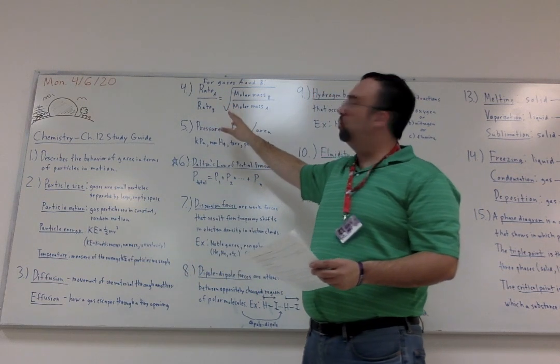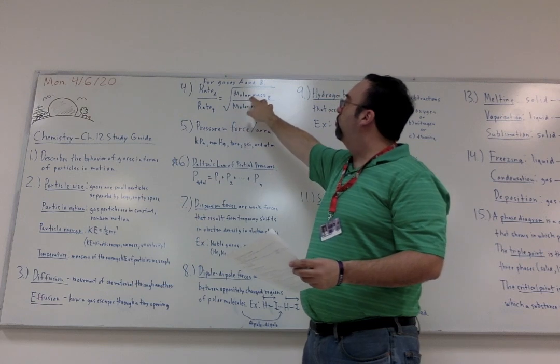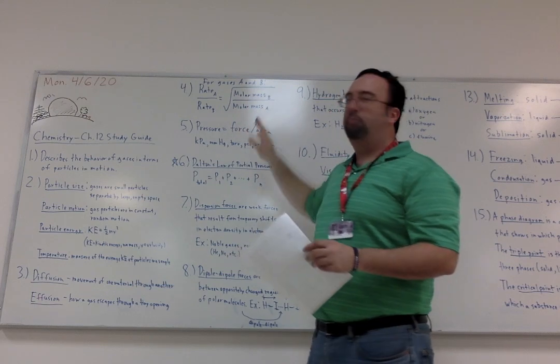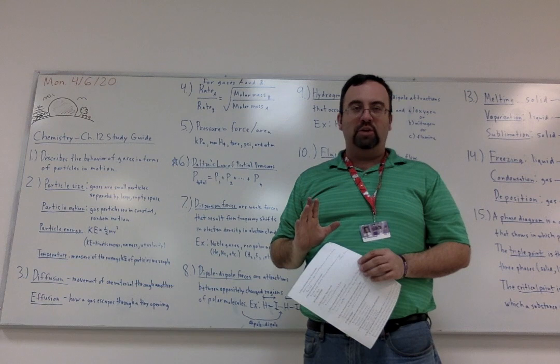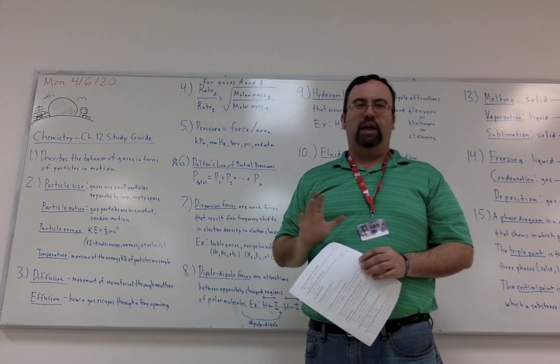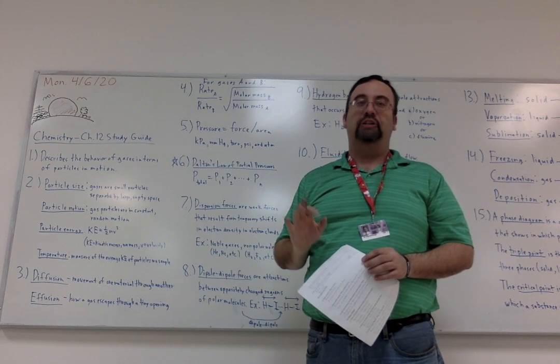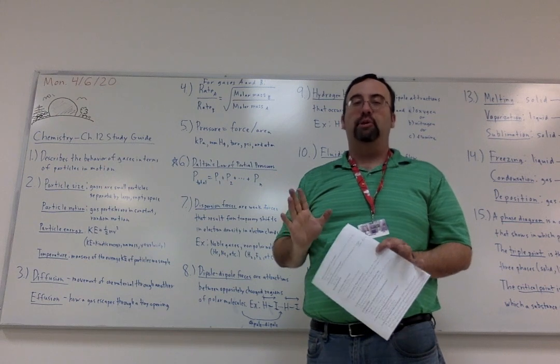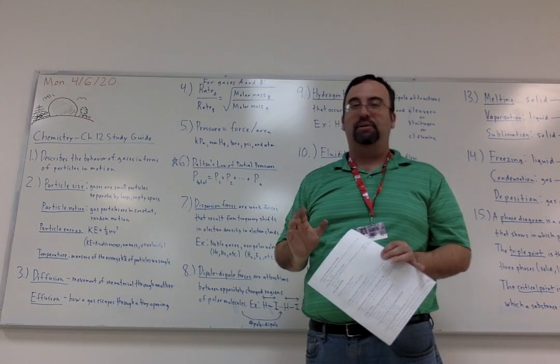This is going to equal the square root of the molar mass of B over the molar mass of A. And I do want to remind you that there will be no problem where you have to calculate this on the test. Now just be familiar with the concept, but there will be no calculation of this type.